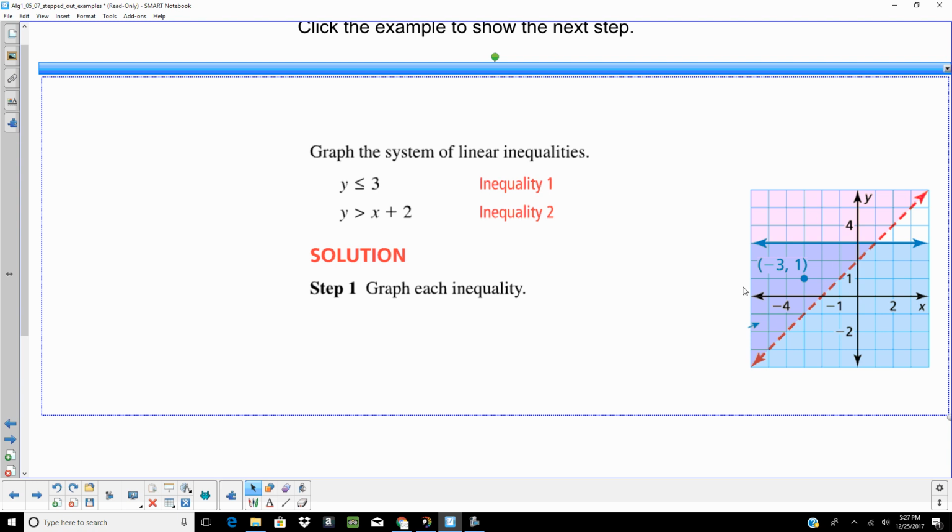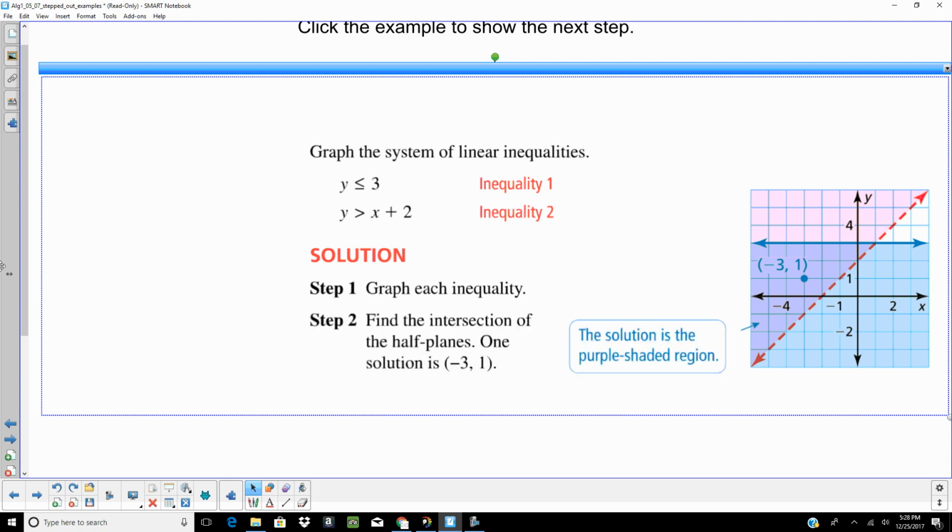All of this right here, that's kind of purple, is my solution. So negative 3, 1 is a solution. Negative 2, 2 is a solution. Anything on this line up to this point is a solution. But anything that is not shaded purple is not a solution.